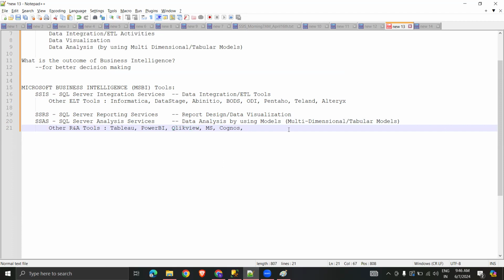And BO, Actuate, Tibco Spotfire, and then Jasper Reports. Then OBIEE, Oracle Business Intelligence Enterprise Edition, that is from Oracle. And SAP BO, Business Objects. So we have so many reporting cum analytical tools.